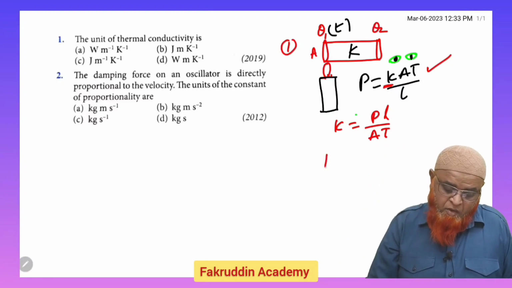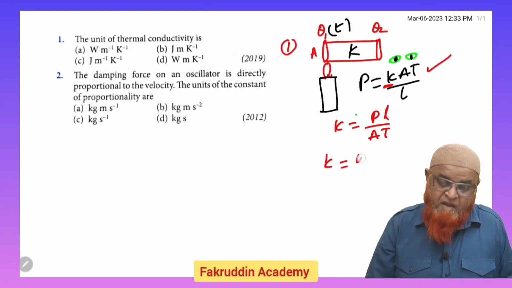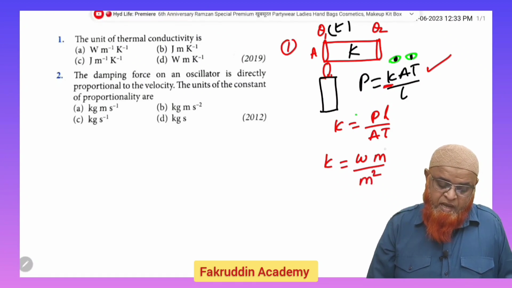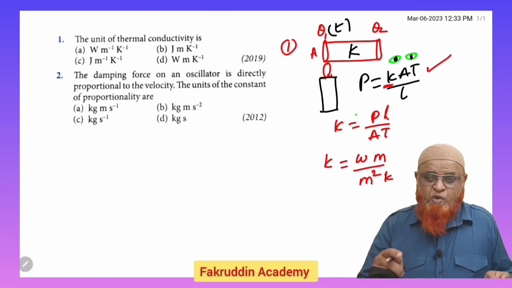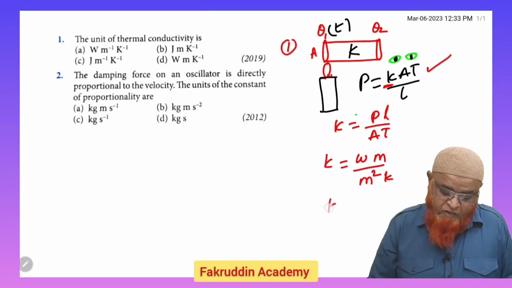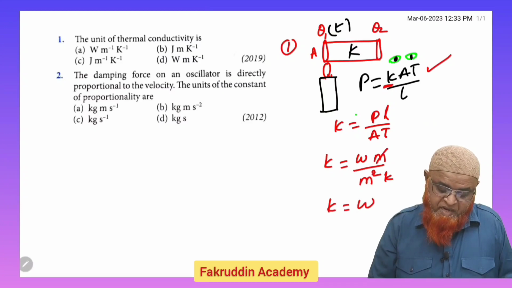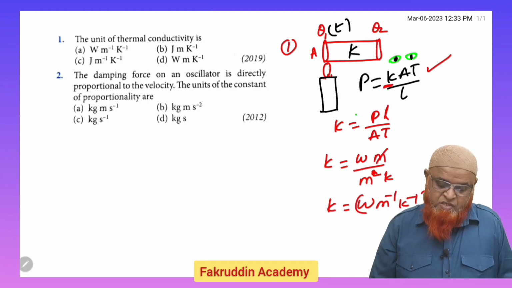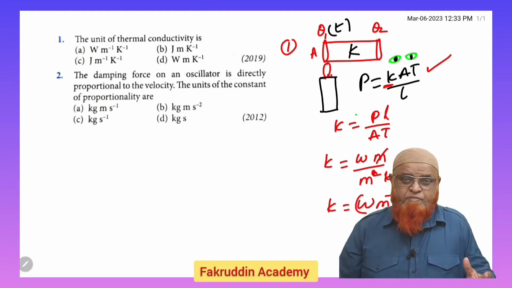K is nothing but power measured in watts, length in meter, area in meter square, and T is temperature measured in kelvins. So therefore K is equal to watt. Meter gets cancelled here, meter power of minus 1 will come to the numerator, and K power of minus 1. So this is going to be the dimensional formula according to the problem given.